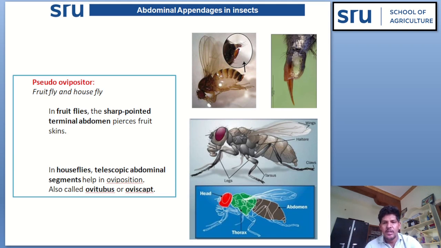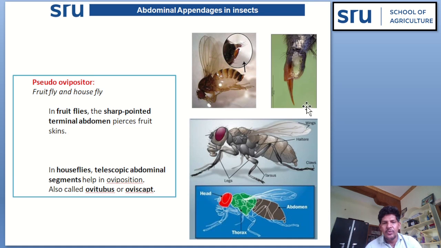Pseudo-ovipositors. Here there is no particular appendage. In this case, body parts are developed into the ovipositor, so that's why the name pseudo-ovipositor. This kind of ovipositor is there in fruit fly and housefly.